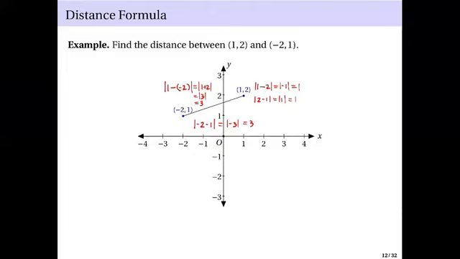So we go back. We now obtain this 3, and we now obtain this 1 using only the coordinates. The x value here and x value here, you subtract, you get the absolute value. The y value here and the y value here, you subtract, and then you get the absolute value.